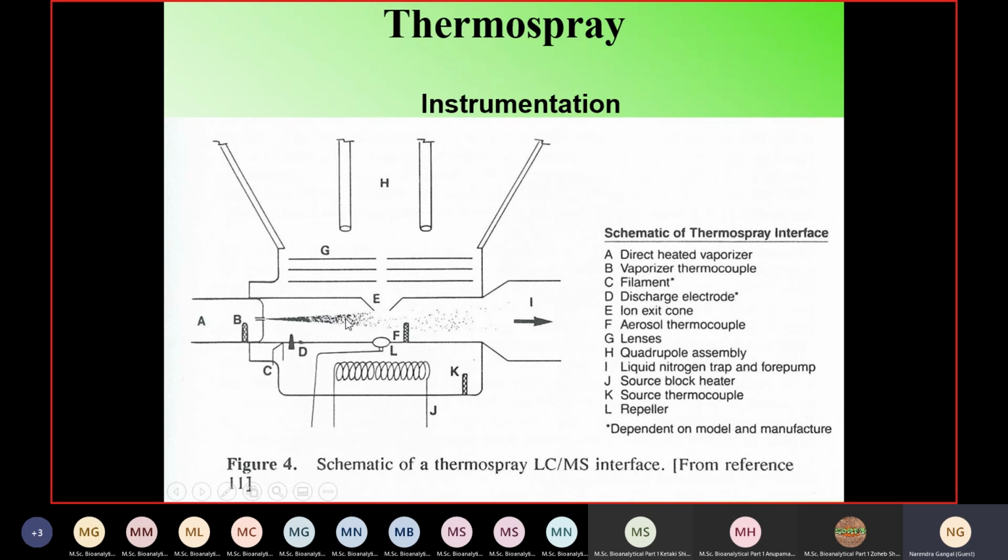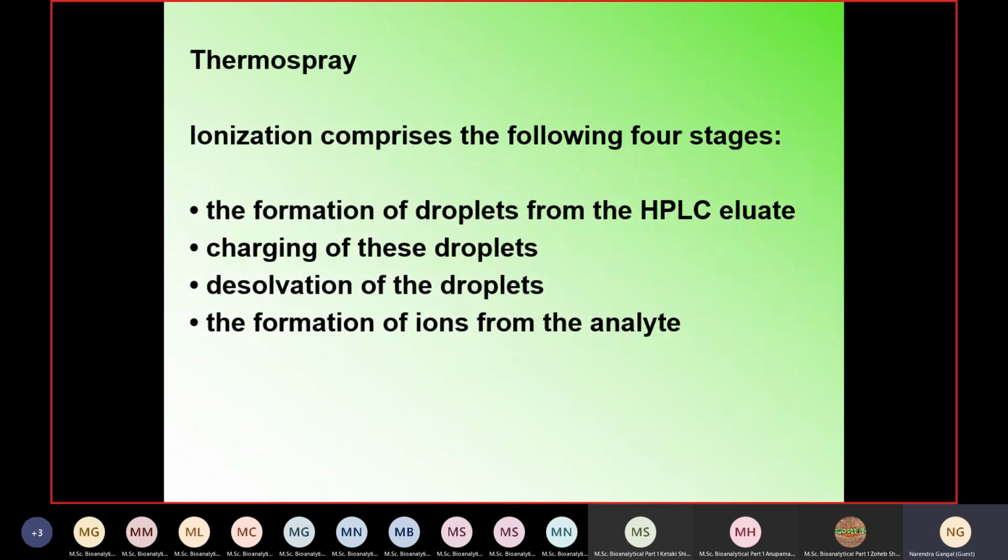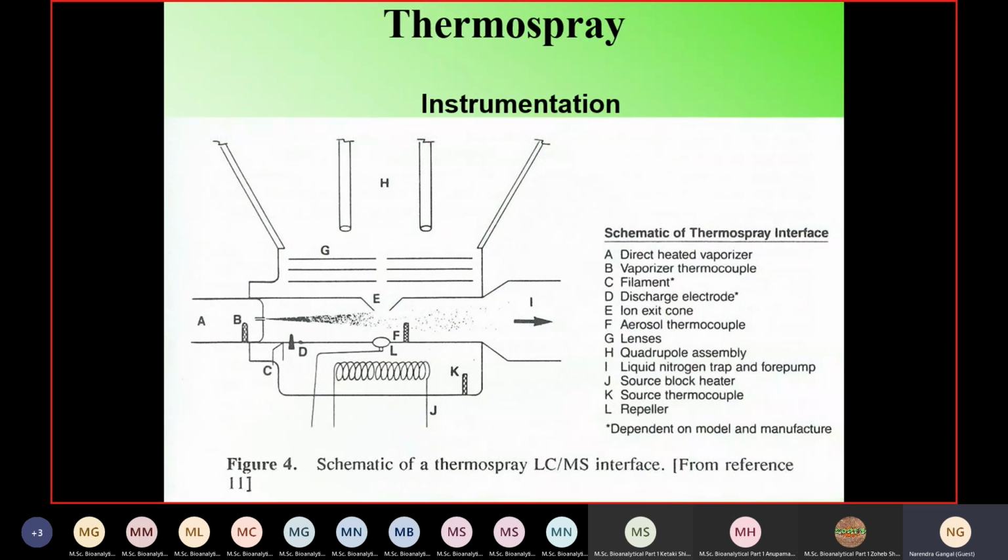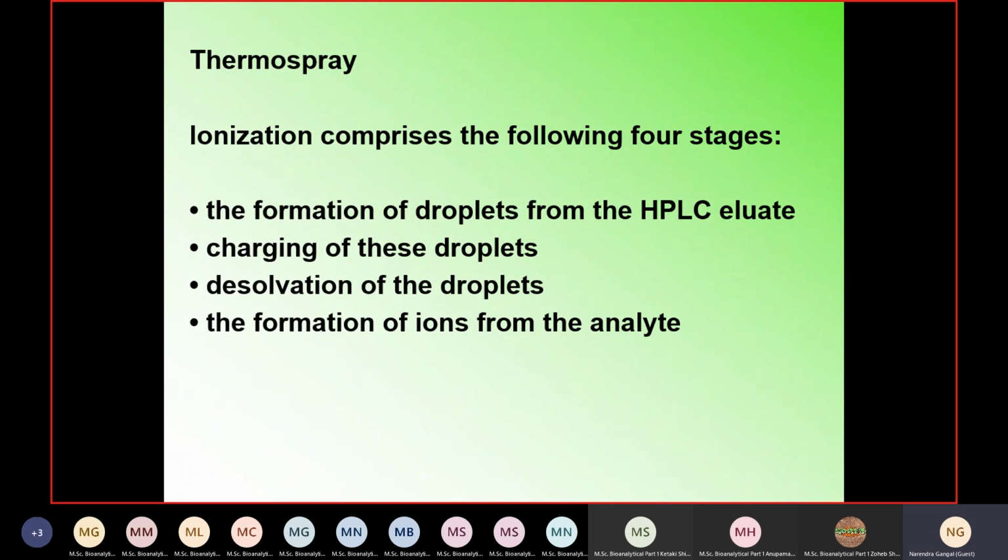My ions are formed here in 4 steps. First is the formation of droplets, then charging of these droplets because of the filament, then dissolution of the droplets, that is removal of the solvent from my droplets, and then the formation of the ions.